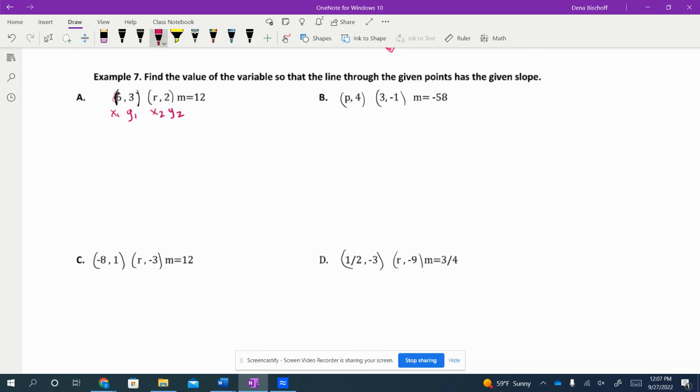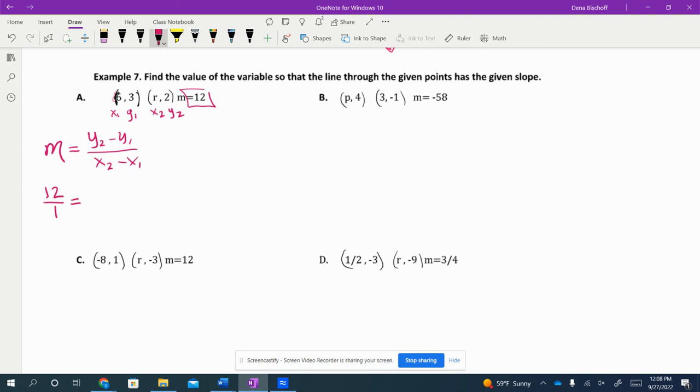So we said that M equals Y2 minus Y1 over X2 minus X1. Okay? But I know what M is supposed to be. What is M? 12. And I'm going to write it as a fraction. So 12 over 1 equals, what is Y2?